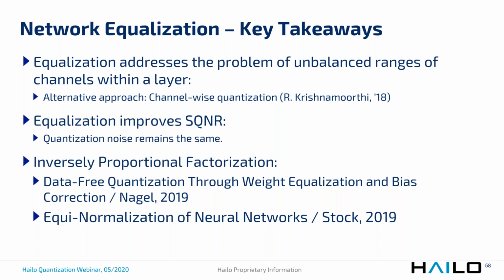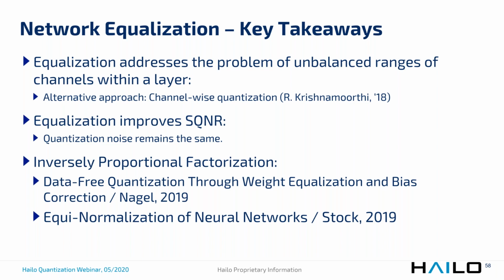But I give here two other papers that I think are interesting to read if you're interested in this method. The first is another quantization paper, which is very similar, but there's some different optimizations that are done for the way that inversely proportional factorization is used. So it's interesting to compare.